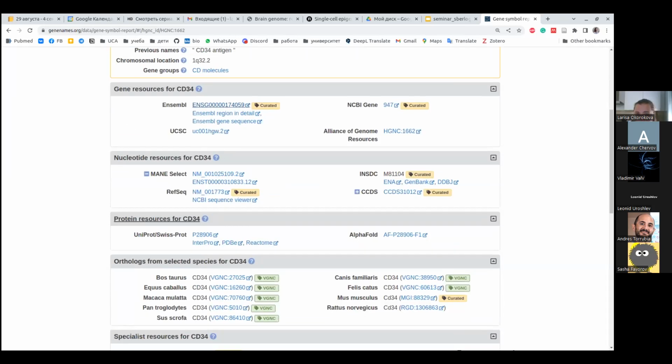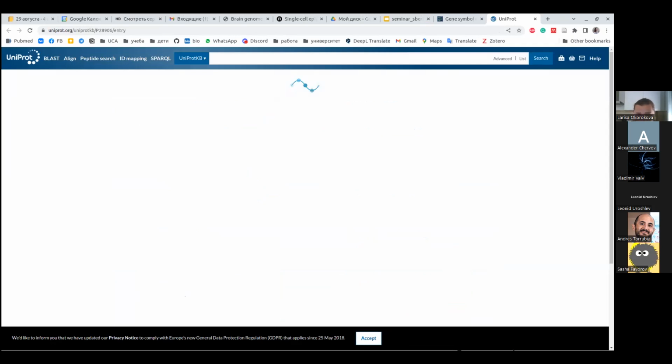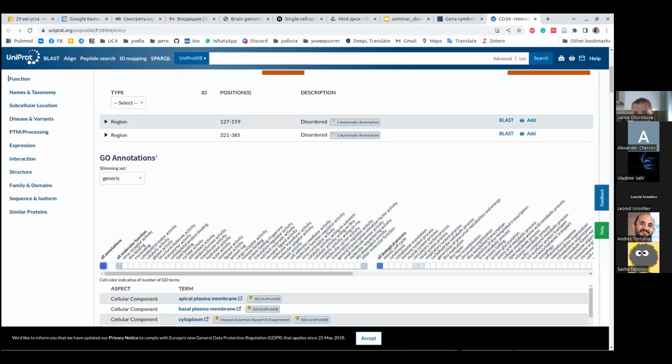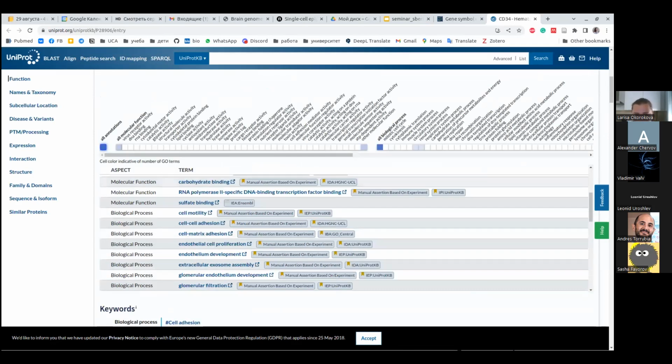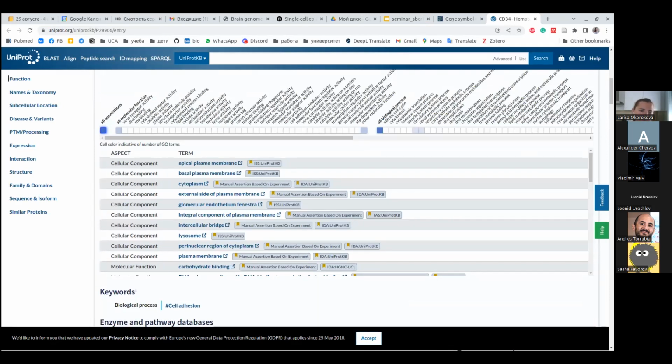And maybe the protein resources also might be helpful, because you can find a lot of information about the function, with which biological process this particular molecule is connected, or where it is located inside the cell. So that might be helpful for you.